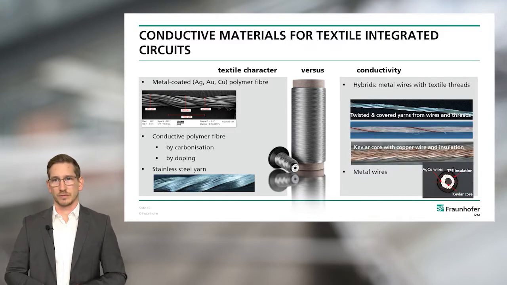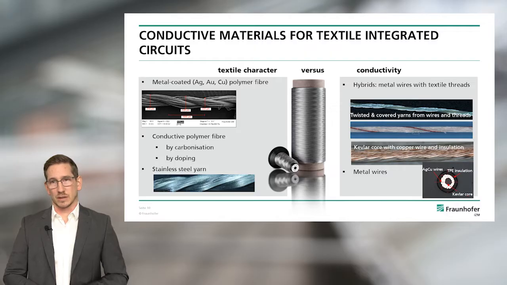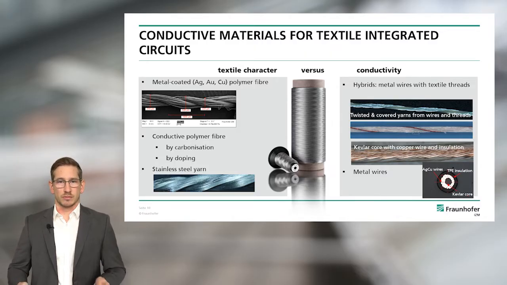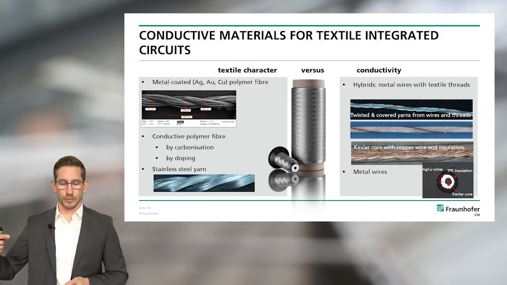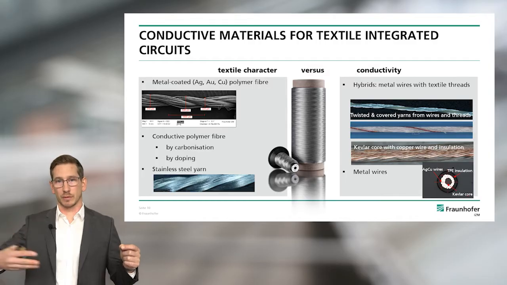On the other hand, you have conventional, let's say, Litz wires, basically a bunch of copper filaments in a bundle, or you have so-called hybrid wires. You usually work with a non-conductive and textile-based core, where the copper filaments are wrapped around.